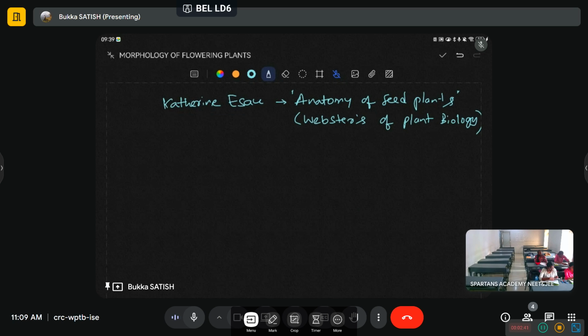So this book, Anatomy of Seed Plants, written by Catherine Issa, is considered the Webster's of plant biology. So just write this contribution. There's a discussion about her in the beginning of this chapter, so just look into that later. But the important thing is this, just note it down.